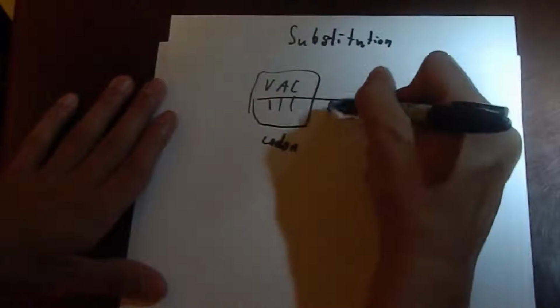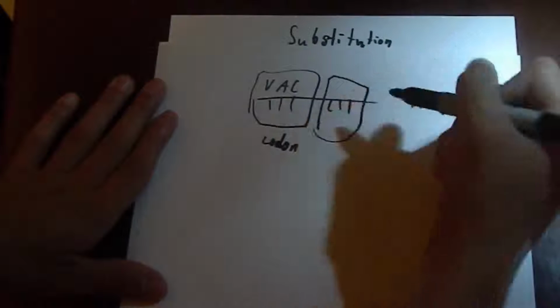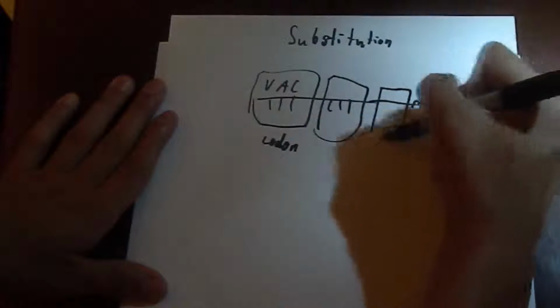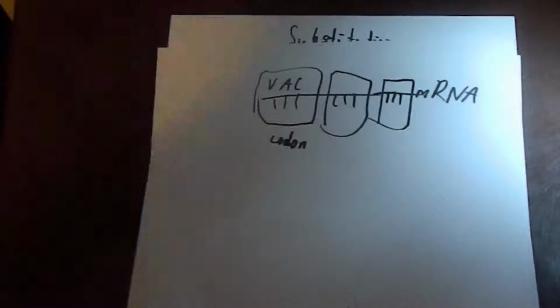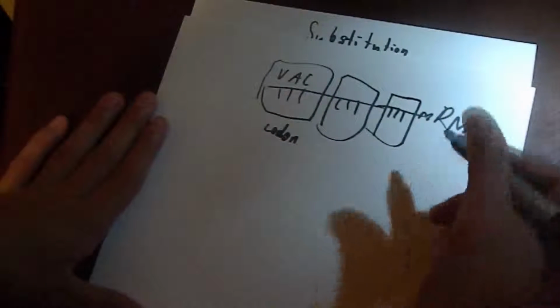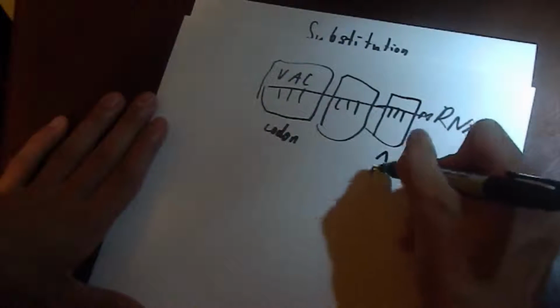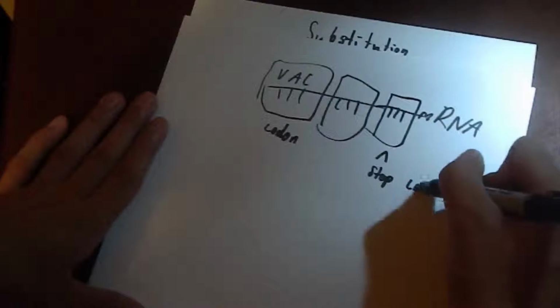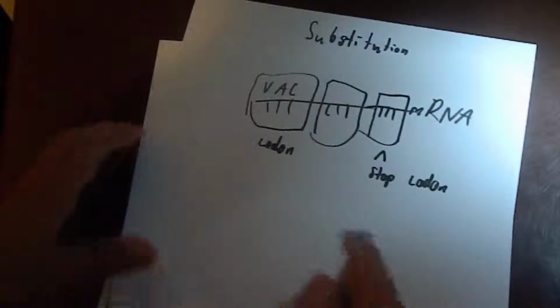And there's multiple sets of these codons throughout the entire strand of mRNA, until it gets to this thing called a stop codon, which is where the strand ends.